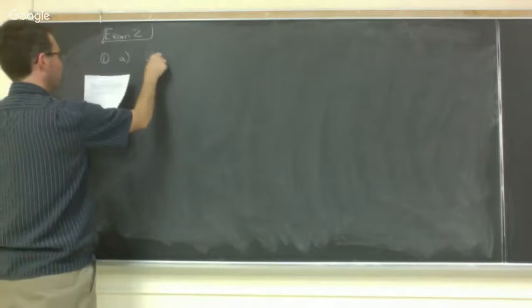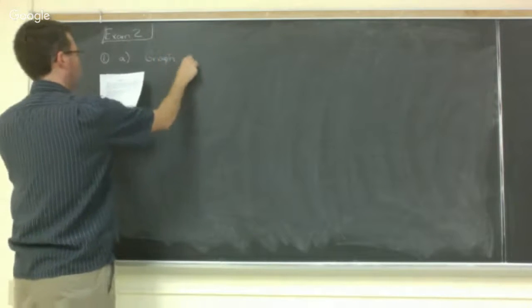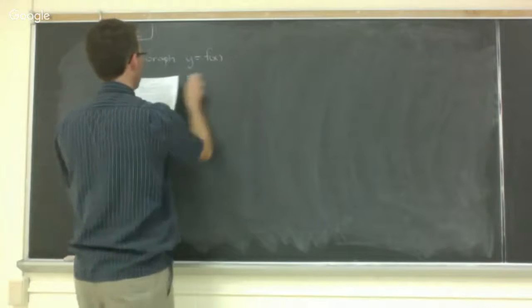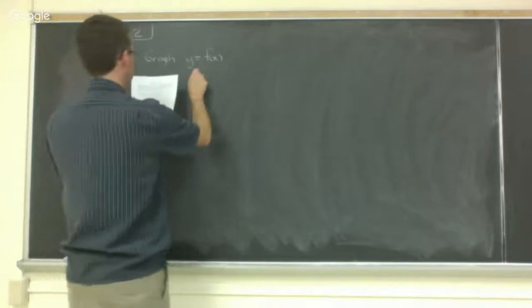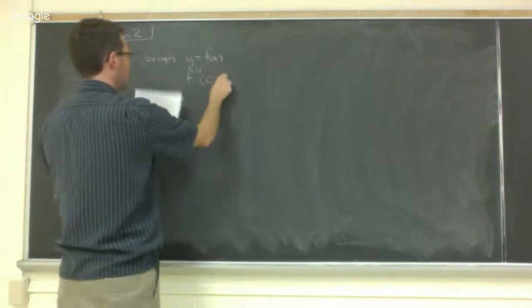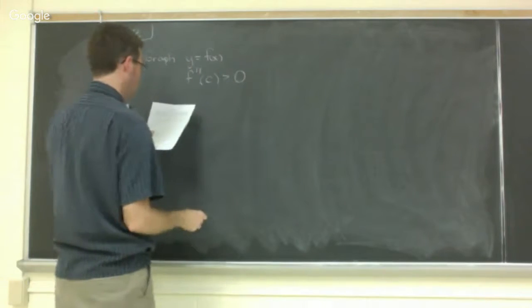We have a graph, y equals f of x. We have f double prime at c greater than 0.